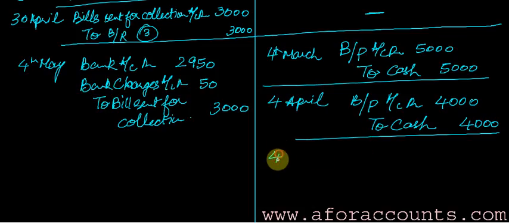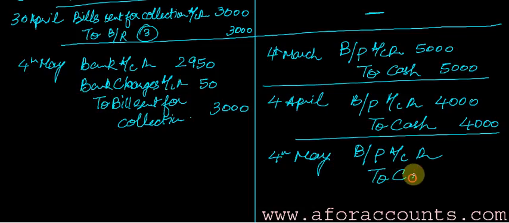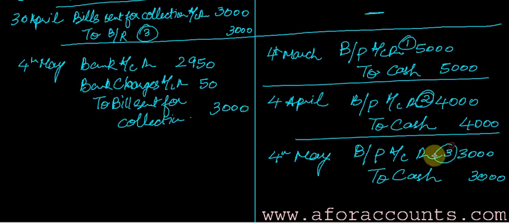So on 4th May, the third one, bills payable account debit to cash 3,000, because it is said that he has met all the bills on maturity. So this is the first bill, this is the second, and this is the third. This is how we complete our entries here.